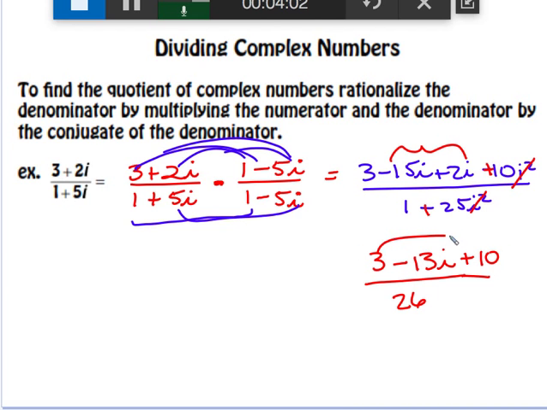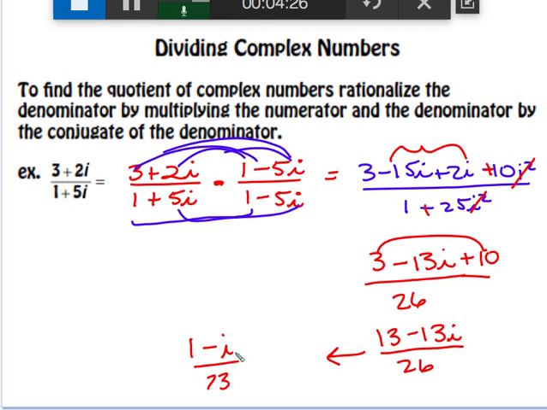Well, these are considered like terms, so you'll get 13 minus 13i all over 26. Now, if all 3 numbers are reducible by the same number, then you can reduce it one more time. 13 goes into 13, 13i, and 26. So your final answer is 1 minus i over 13.